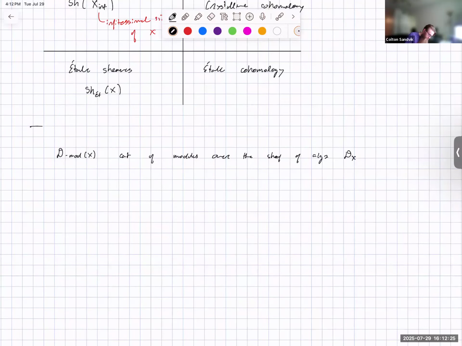D of X is the algebra of differential operators. I'm ignoring some sheafy things, but if X is, for instance, affine, this is fine, I think. Anyway, you can define an algebra and look at modules over it, and maybe these are viewed as sheaves.